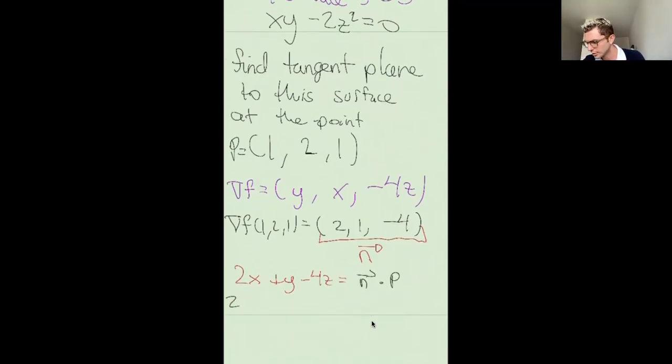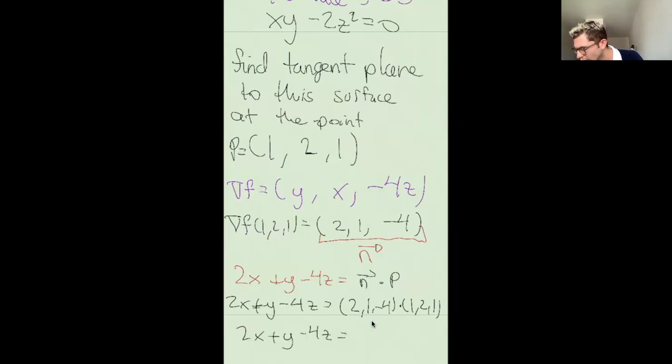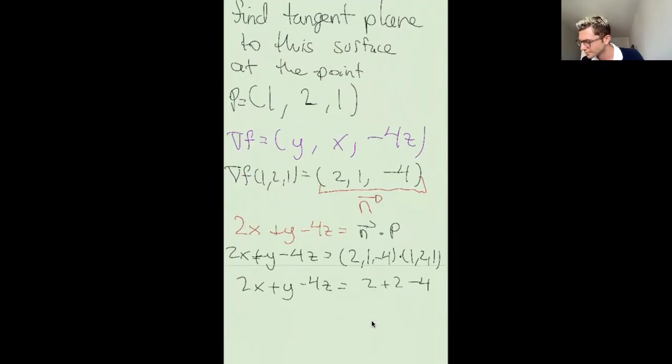So 2x plus y minus 4z equals (2, 1, minus 4) dot (1, 2, 1). So 2x plus y minus 4z equals 2 plus 2 minus 4. Oh, that's cute. So 2x plus y minus 4z equals 0. That's the equation of the tangent plane, okay?